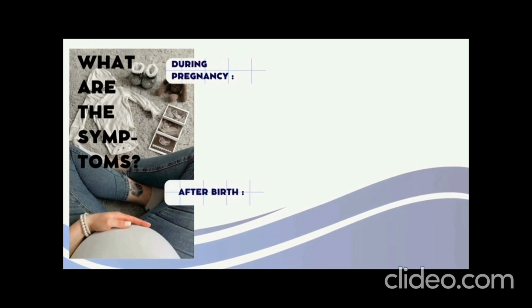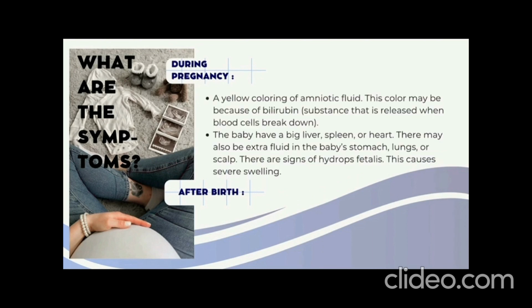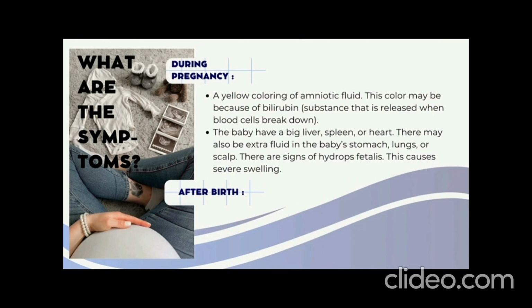Lastly, what are the symptoms of Rh disease? Symptoms of Rh disease can occur during the pregnancy and after birth. During the pregnancy, the symptoms are a yellow coloring of the amniotic fluid. This color may be because of bilirubin, which is a substance that is released when blood cells break down.